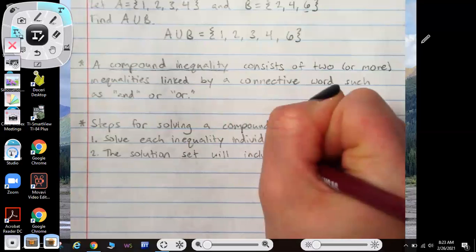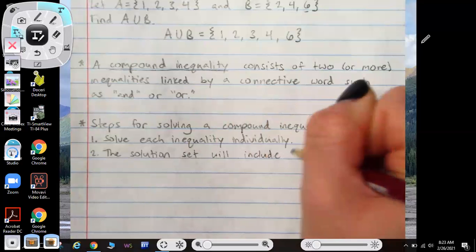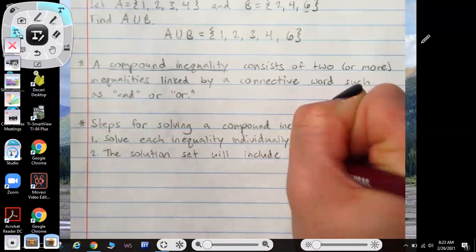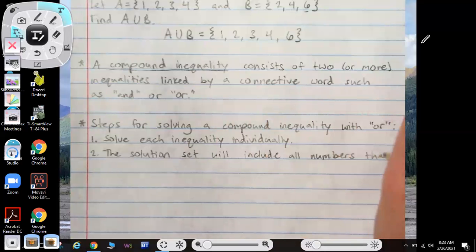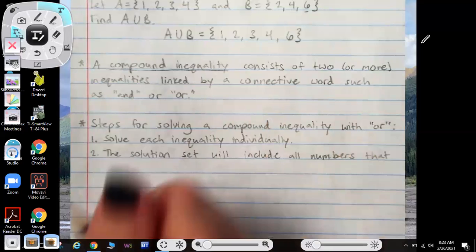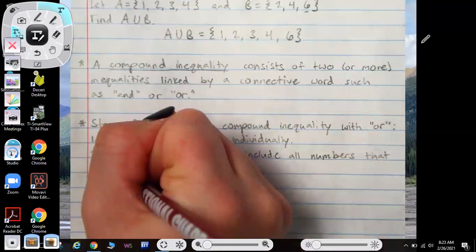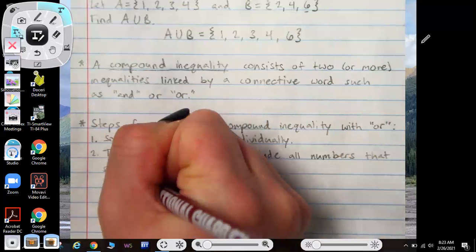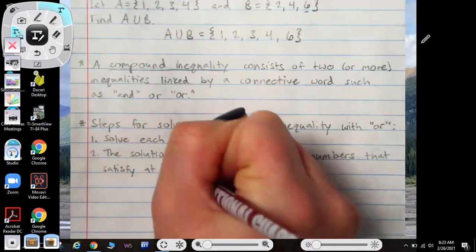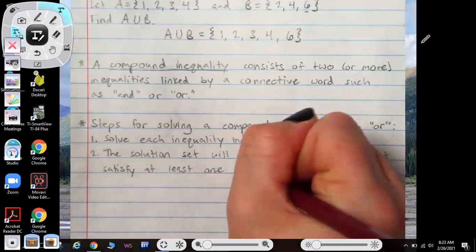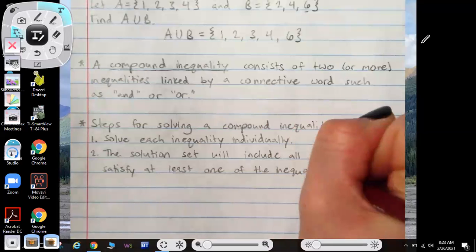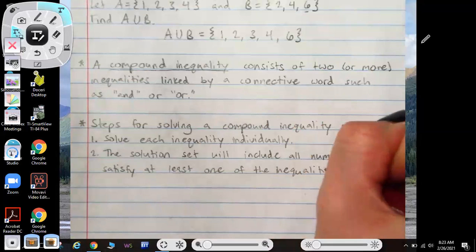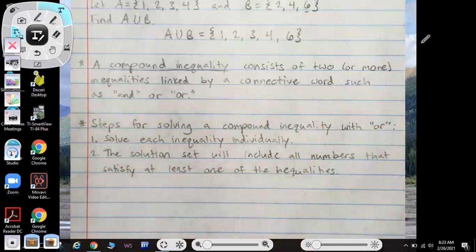The solution set will include all numbers that satisfy at least one of the inequalities.